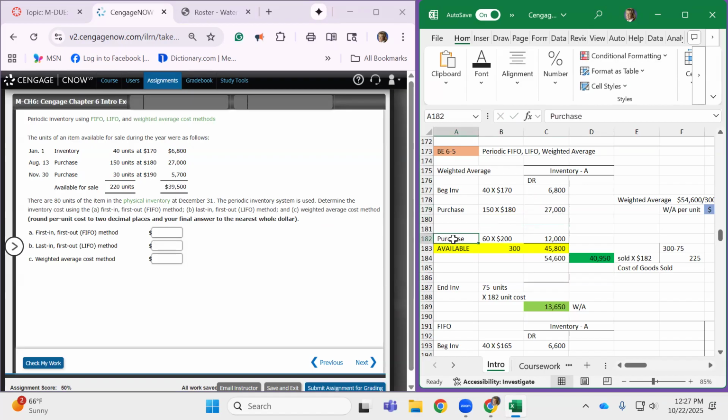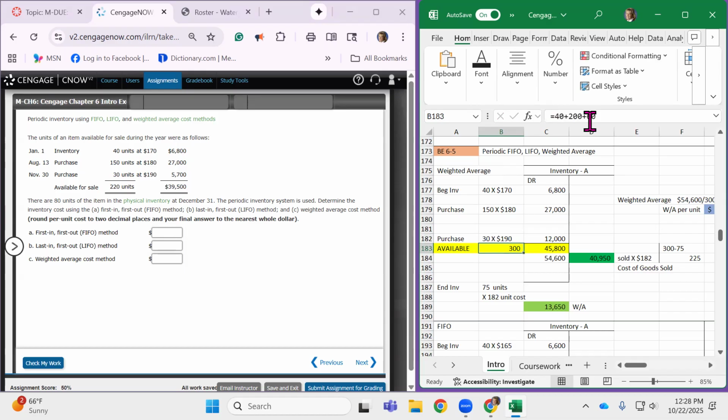Then we have another purchase, a third purchase: 30 units at a cost of $190. So we've got three different costs, and we've got to figure out what to do with these. So 30 at 190. What we're going to do is weighted average first.